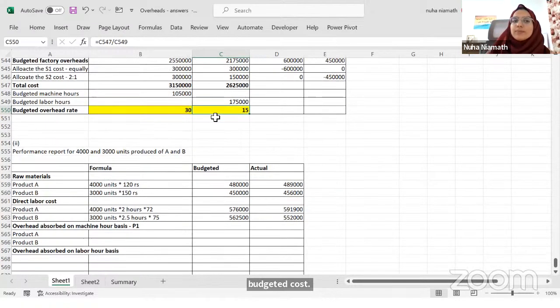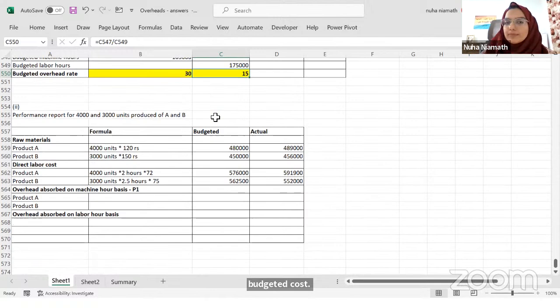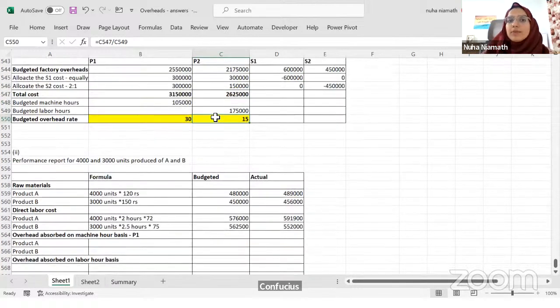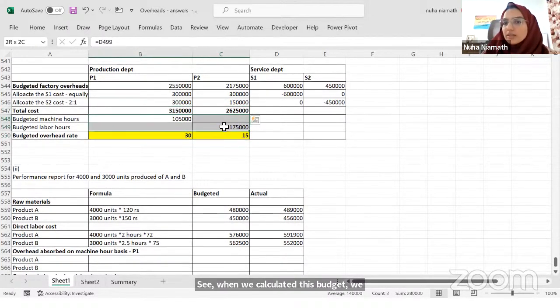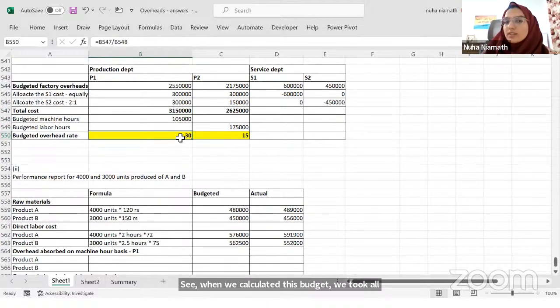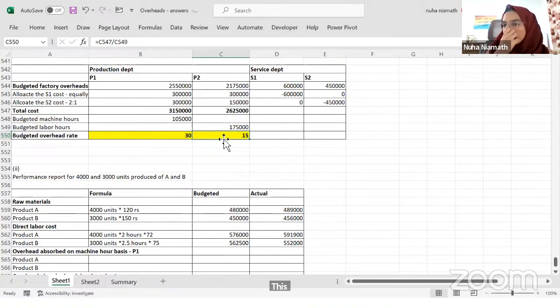Confused? See, when we calculated this budgeted rate, we took all budgeted costs and budgeted hours, correct? That's how we came up with this 30 rupees and 15 rupees. This is our budgeted overhead rate, the predetermined rate.